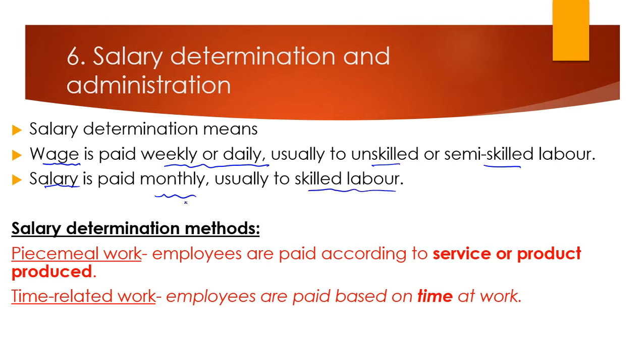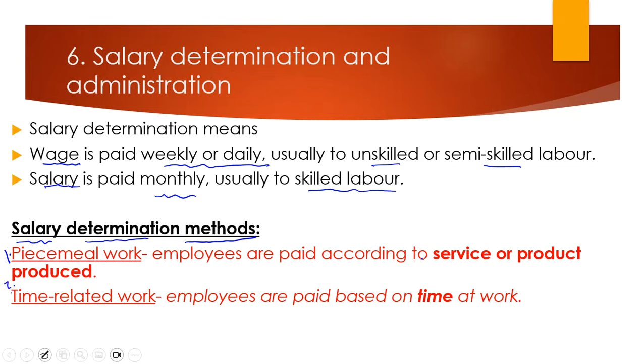Okay, so once we've decided how we're going to pay them, whether it's going to be a wage or a salary, we can then decide the salary determination method. There are two salary determination methods. We can either use piecemeal work or we can use time-related work.